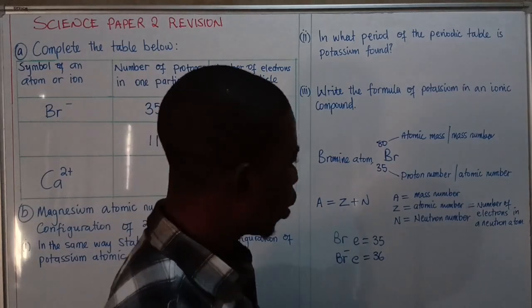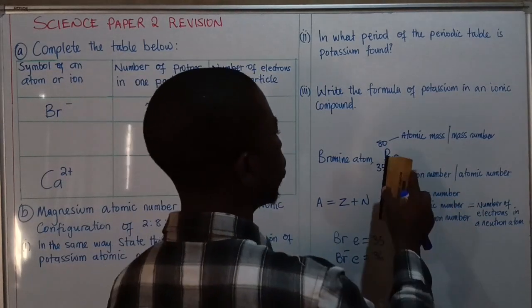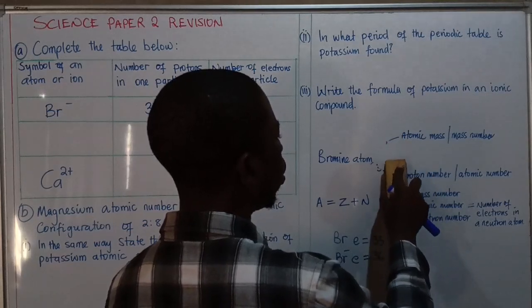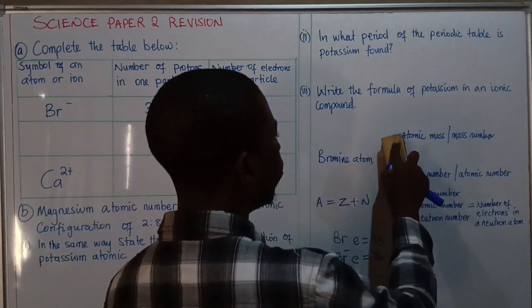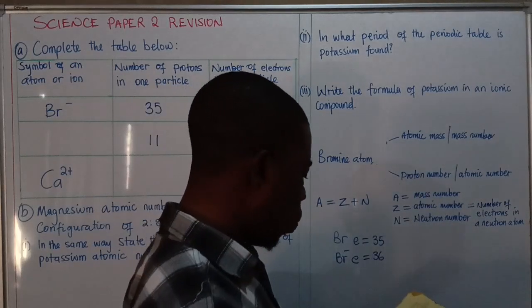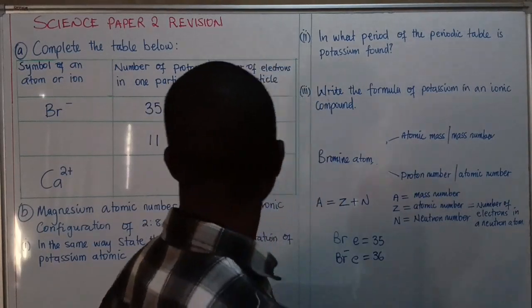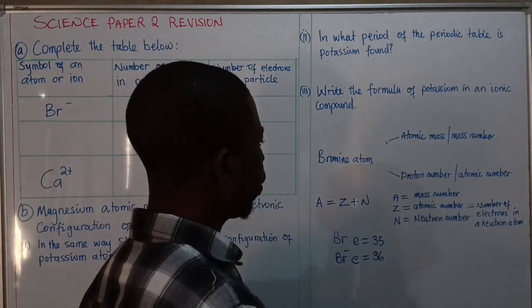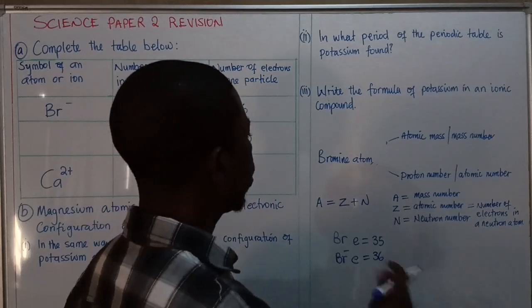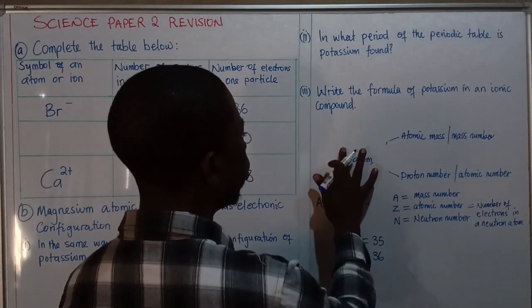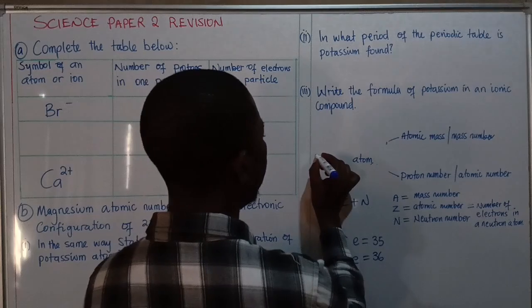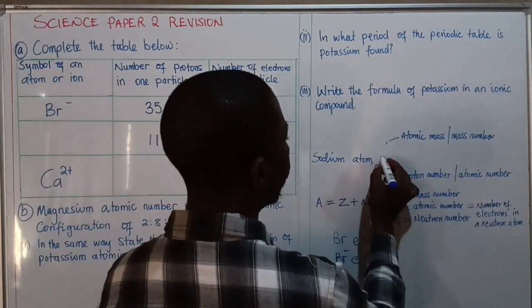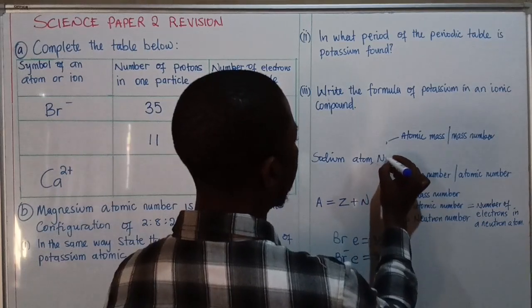On my periodic table, I've seen that the one which has 11 down here is sodium. This is the sodium atom, which is written like Na.